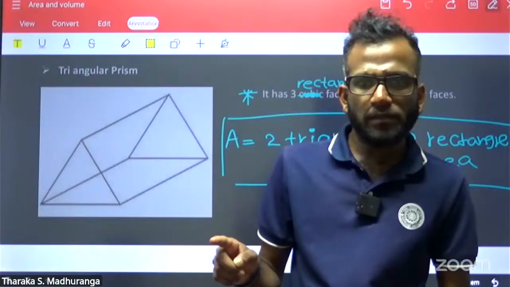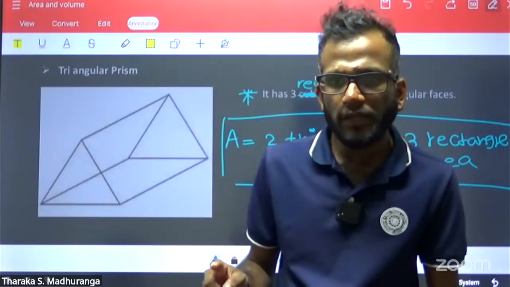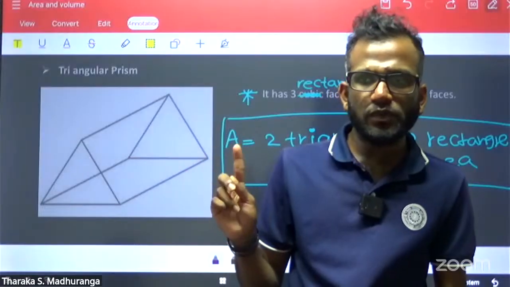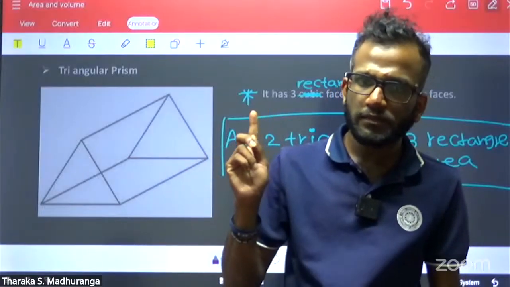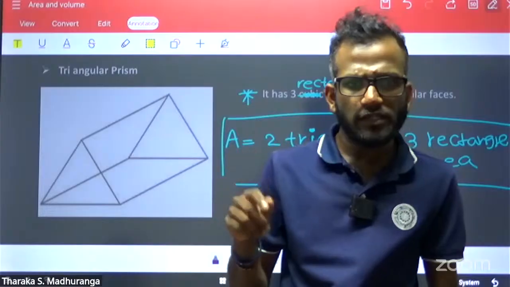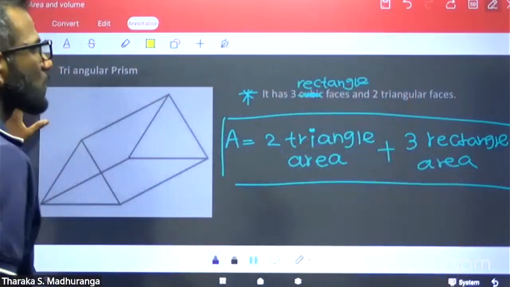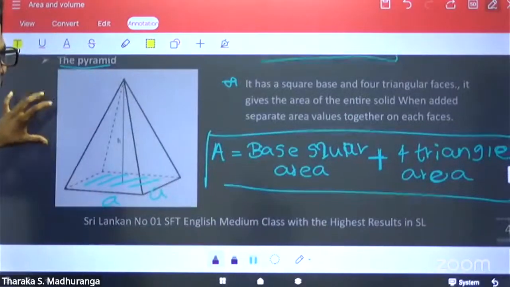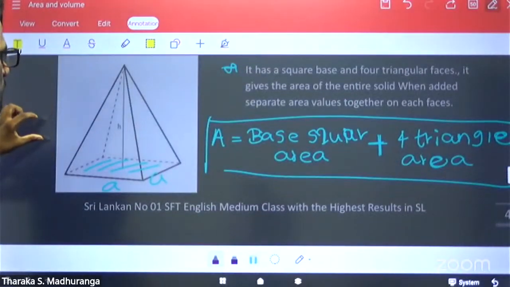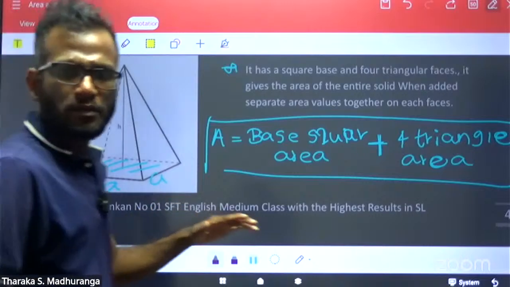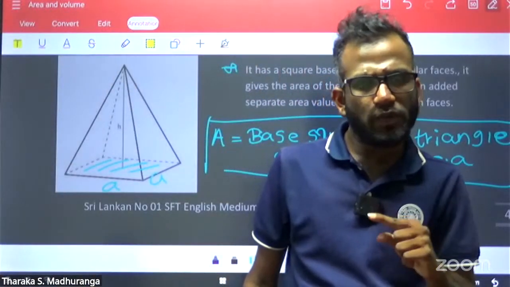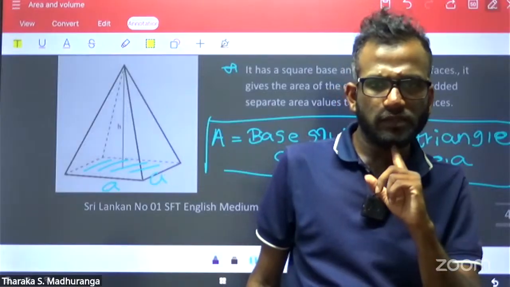For the pyramid we can use a squared plus 2ah, no, 2ah, right? A squared plus 2ah is not correct.